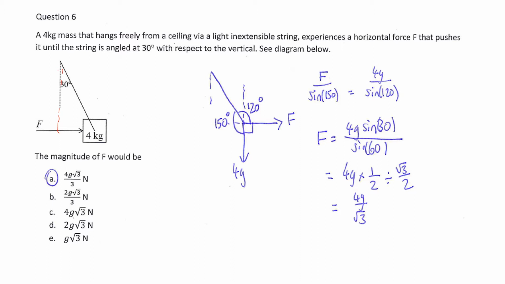So the first thing I would do is just put it into its classic force diagram that you can see over here. Horizontal force F, you've got your weight force, and then of course you've got your tension in the string force. So there's your three forces at play.